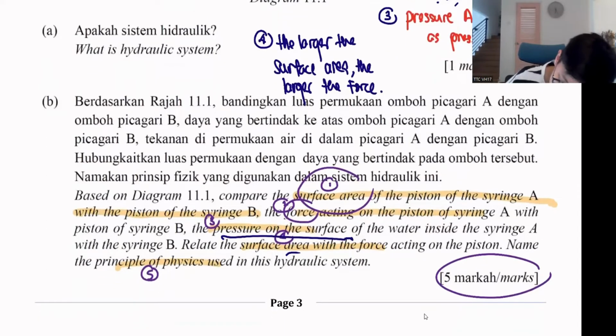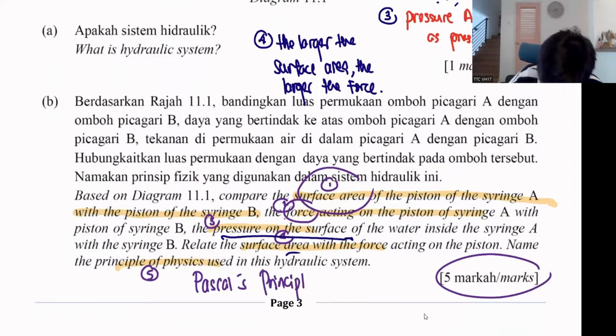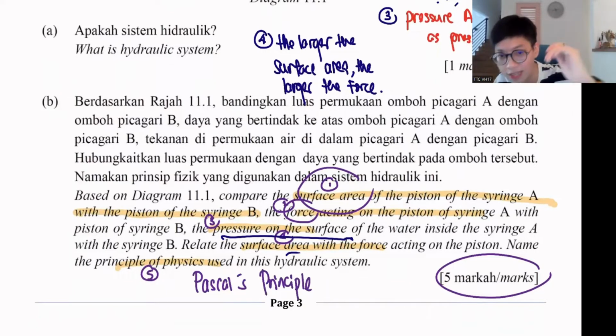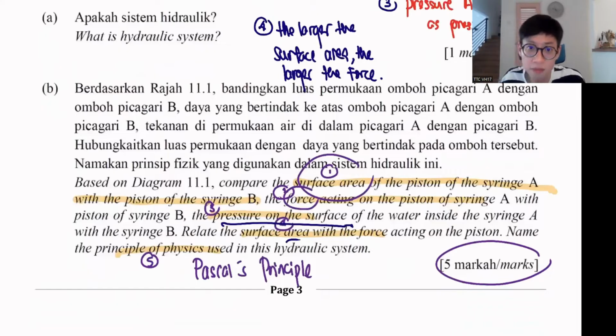The last one is the name of the principle of physics, so it's Pascal's principle. All right, so done. This is how you get your 5 marks. Very simple.